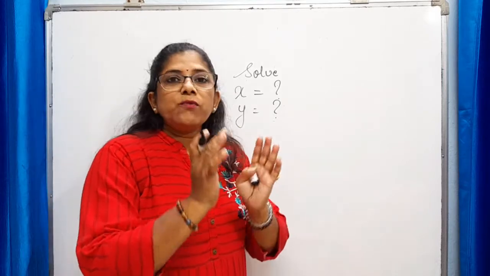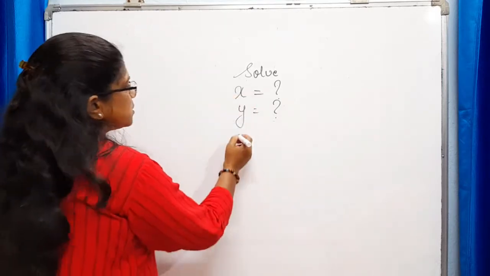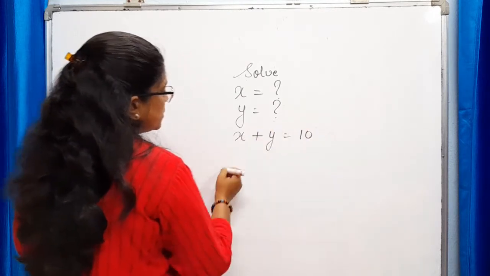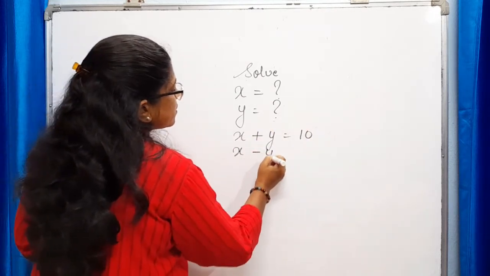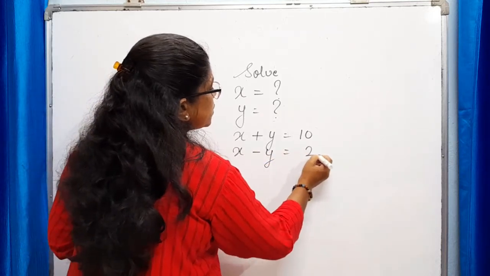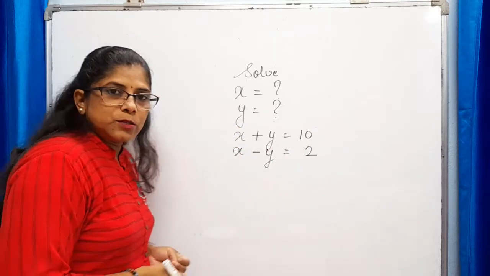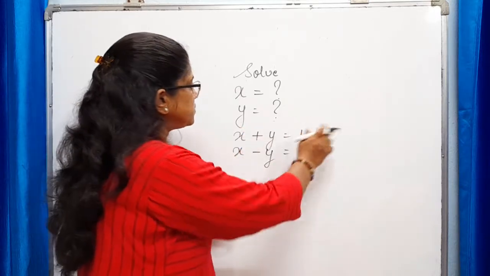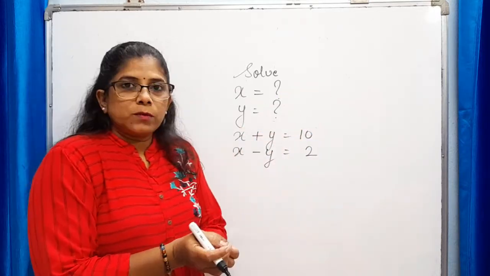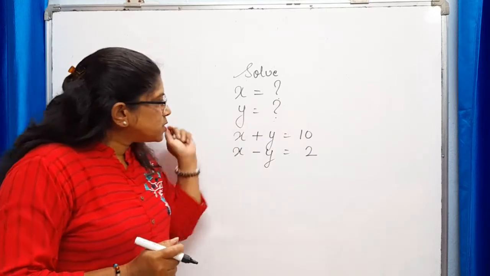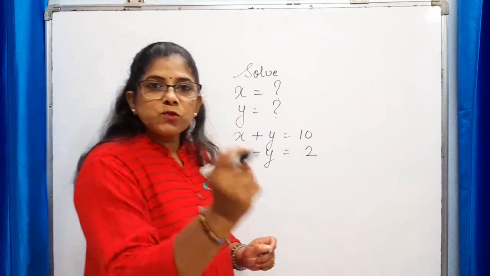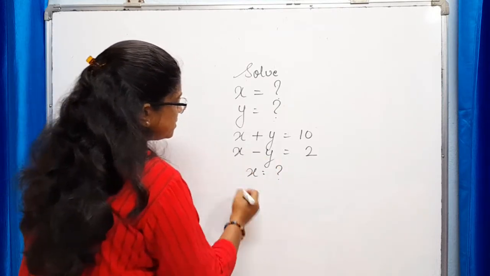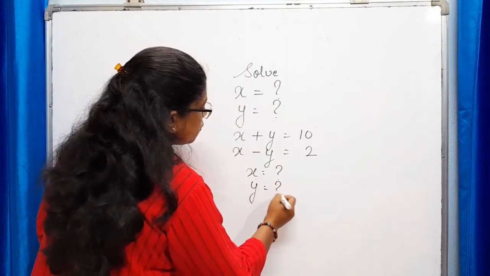Now suppose we get a pair of linear equations like x plus y is equal to 10 and x minus y is equal to 2. Solve these two equations. It means we have to find the value of these variables, what is the value of x here and what is the value of y.